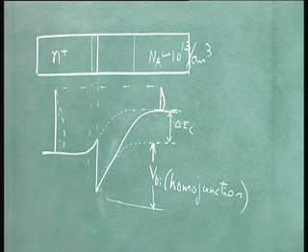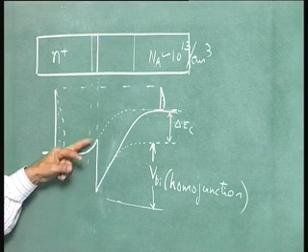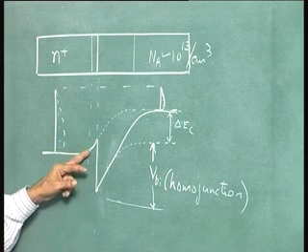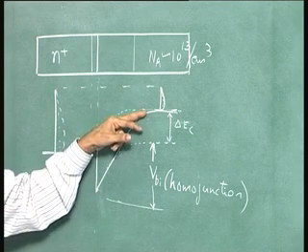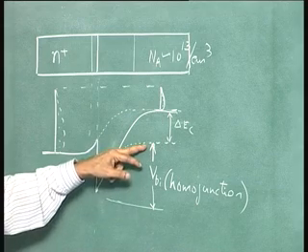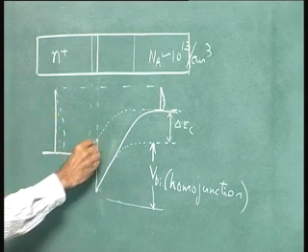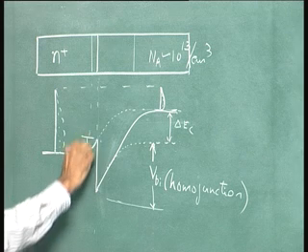Now, because of the notch, see what we are saying now is, because of this notch, if the built-in potential were same thing, I put the dotted line here.